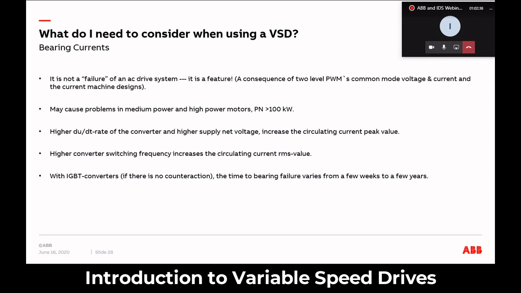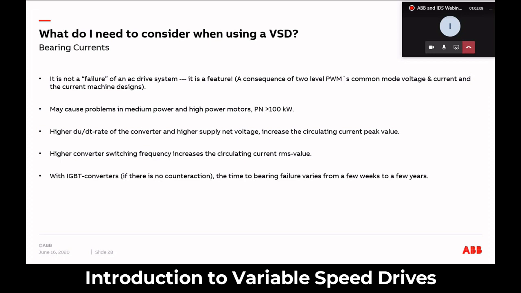As I said, this occurs on larger motor and drive powers, typically anything greater than 100 kilowatts. A higher dU/dt, so a higher voltage rate of change of the converter, and a higher supply voltage increase the circulating current peak values, while a very high converter switching frequency increases the circulating current RMS value as well.